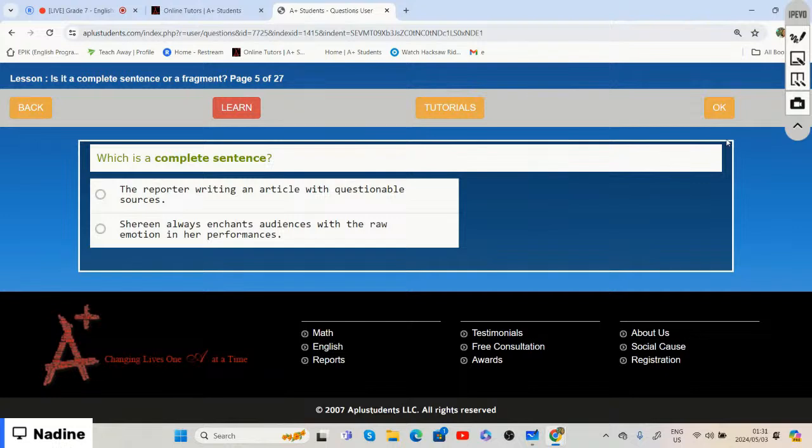We need to select a complete sentence, right? It says the reporter writing an article with questionable sources, or Shireen always enchants audiences with the raw emotion in her performances.